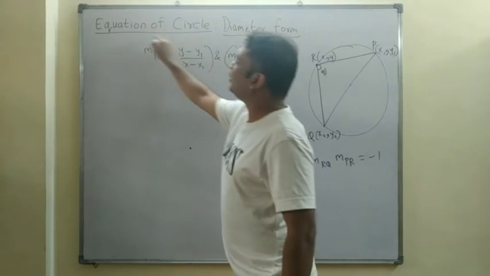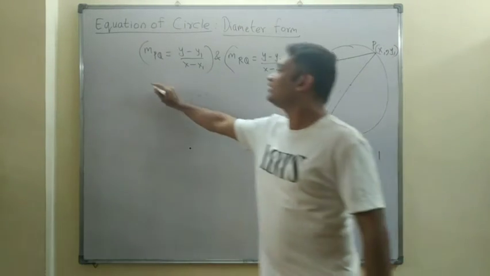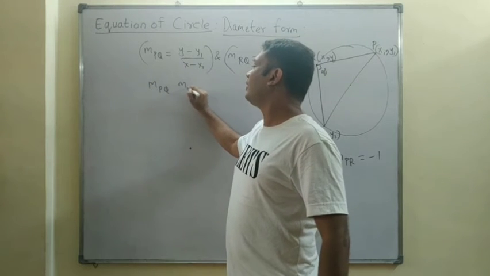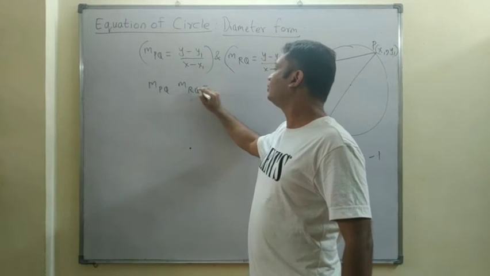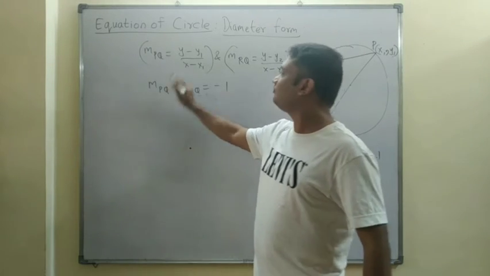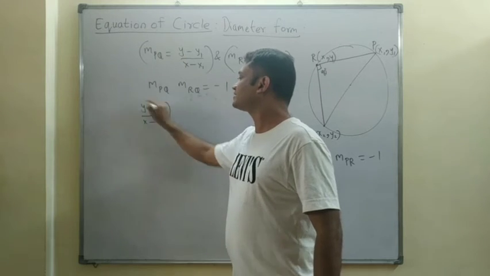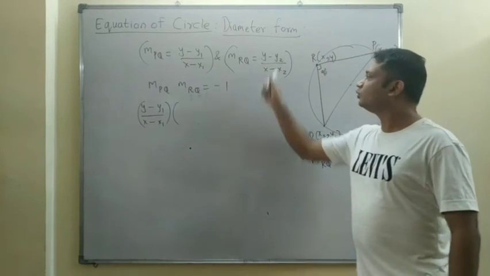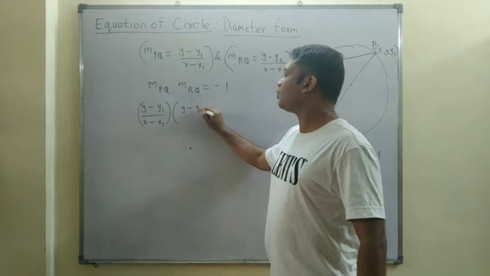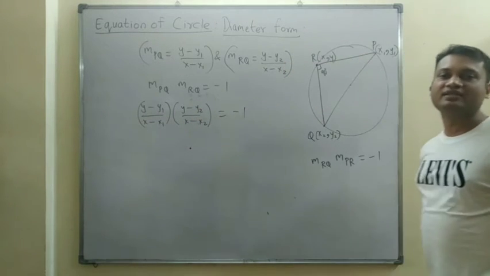The product of the slopes of PR and RQ is −1 because they are perpendicular. So m_PR × m_RQ = −1. Let us substitute the values: (y − y1)/(x − x1) × (y − y2)/(x − x2) = −1.